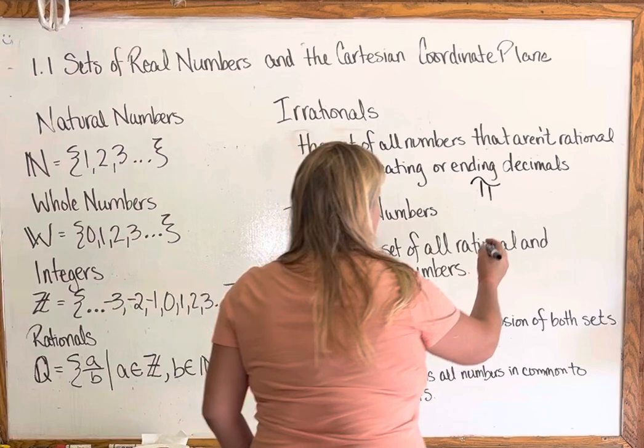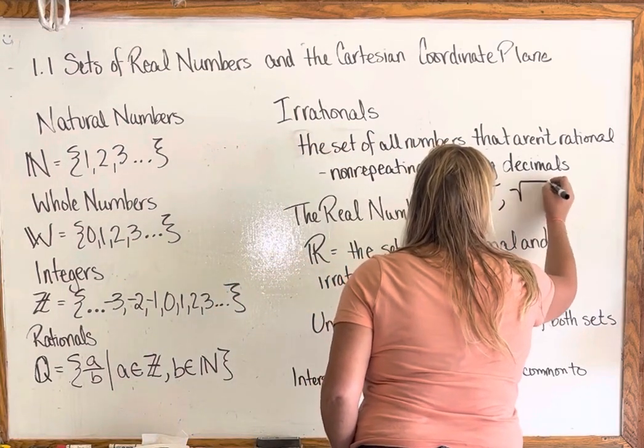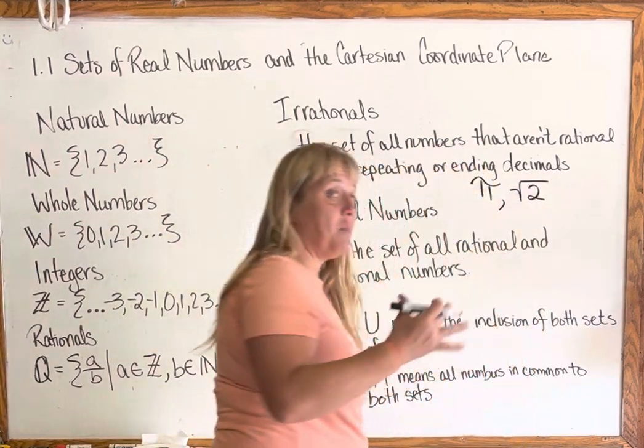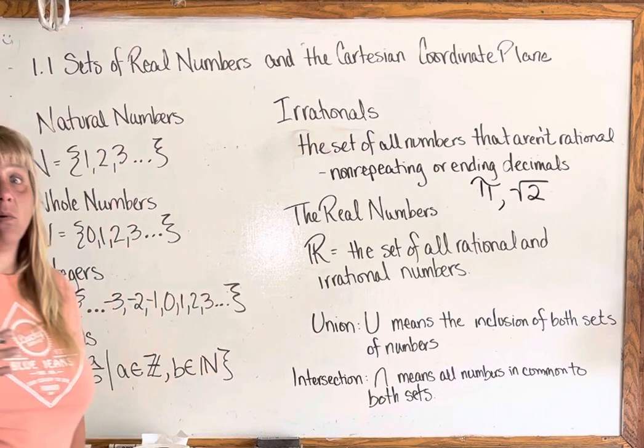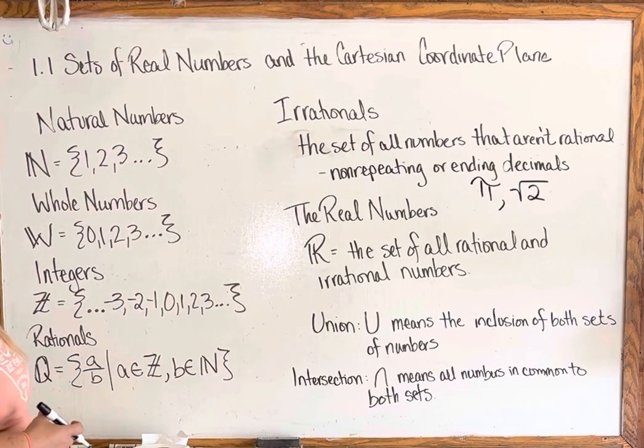Another one would be a square root that doesn't have a nice answer, so not a perfect square, like the square root of 2 or the square root of 3. These are also irrational numbers, the weird decimal numbers, the ones that never end.